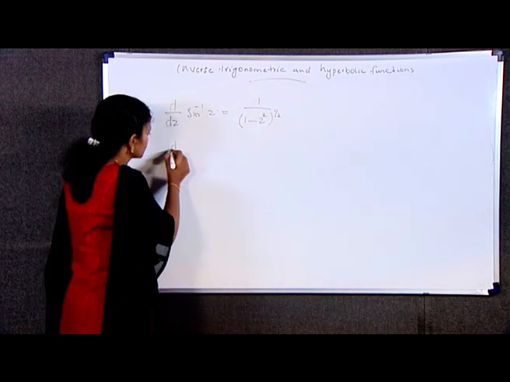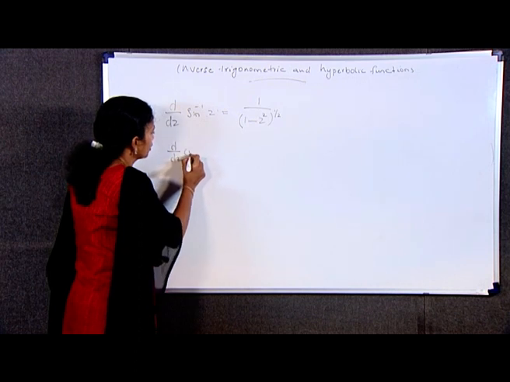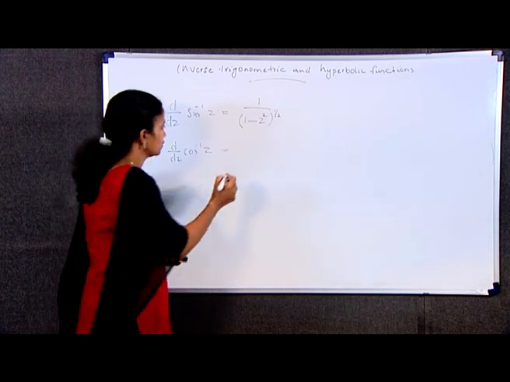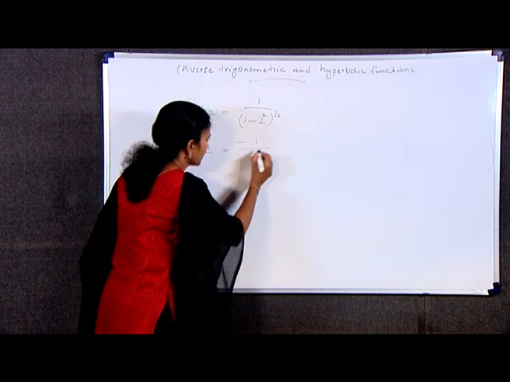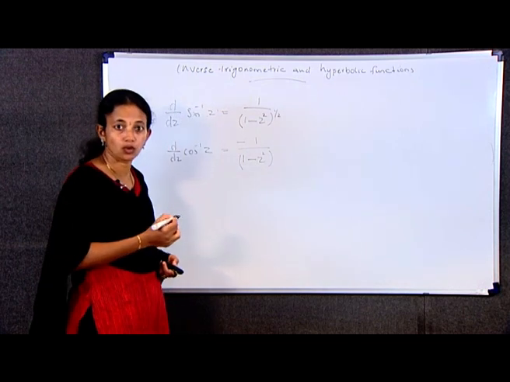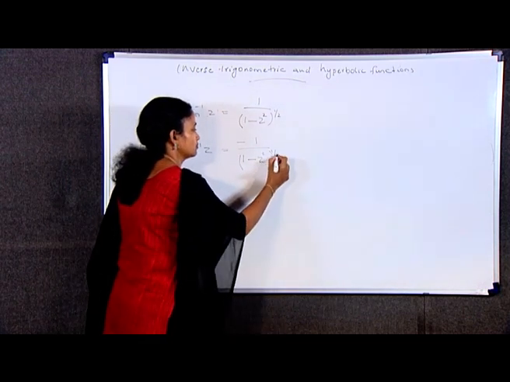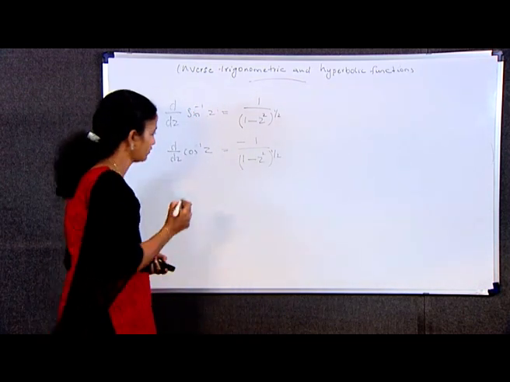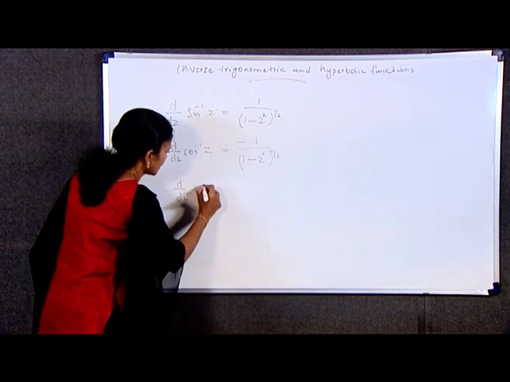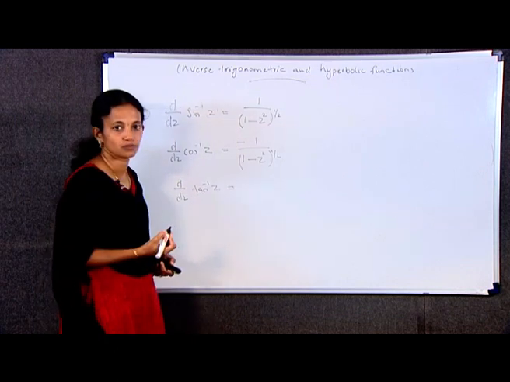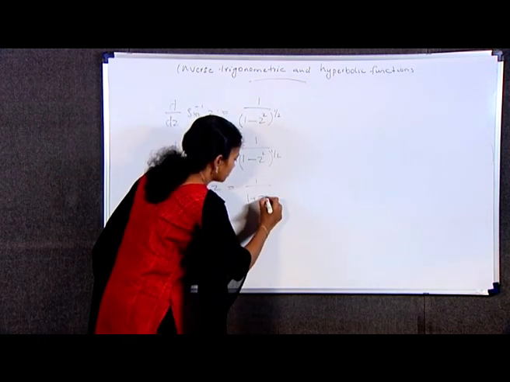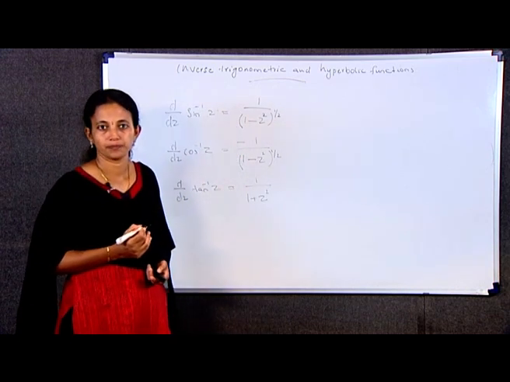Similarly, the next one is d by dz of cos inverse z. It is equal to minus 1 by (1 minus z square) raised to 1 by 2. Again we have d by dz of tan inverse z, which is equal to 1 by (1 plus z square).